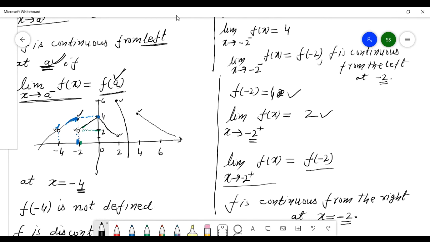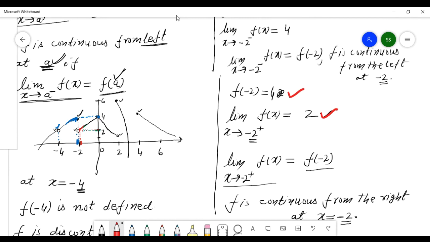You know this here. If you take right limit, right means x goes to -2 from the right, and here the function is this coming here. It means here 2 is there.